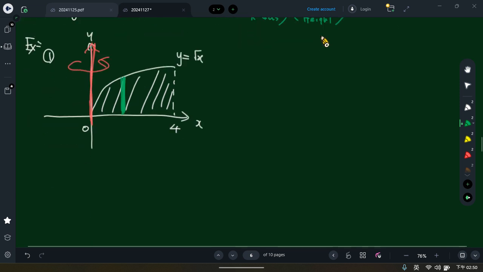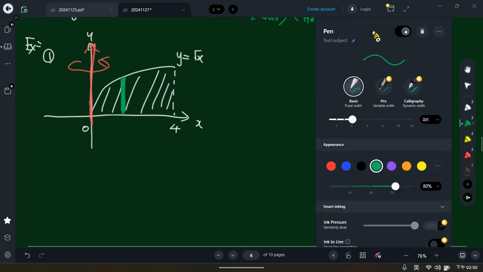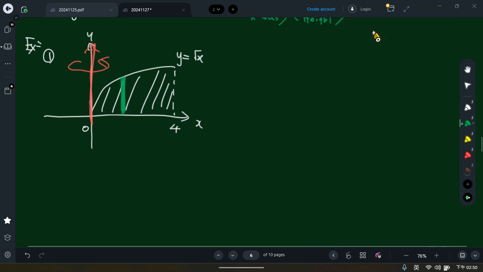Okay, so in this case, we need to know the shear height, so the shear height, shear radius first.